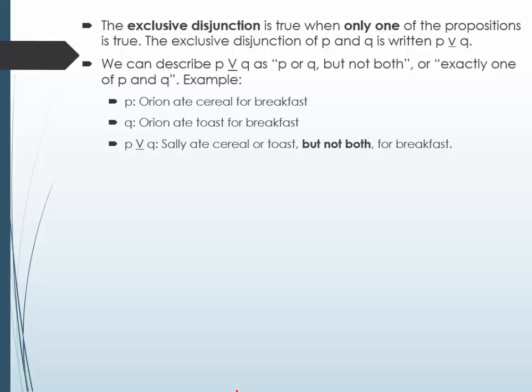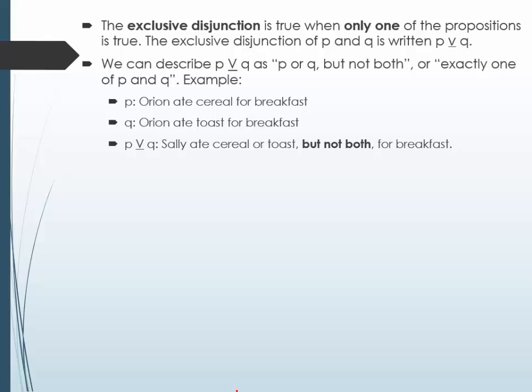So, Orion is our example. Good job. You get a point. Okay, that's Orion Suitor. We can describe P ∨ underscore Q, which is P or Q, but not both. That's kind of like the definition right there. It's P or Q, but not both of them.